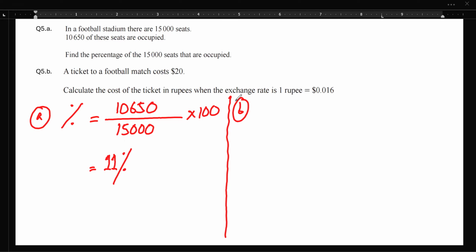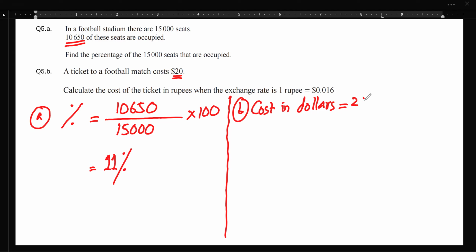Now, part B. A ticket to a football match costs $20. Calculate the cost of the tickets in rupees when the exchange rate is given. First thing first, total cost in dollars. They said a $20 ticket. And how many tickets were sold? The seats occupied.